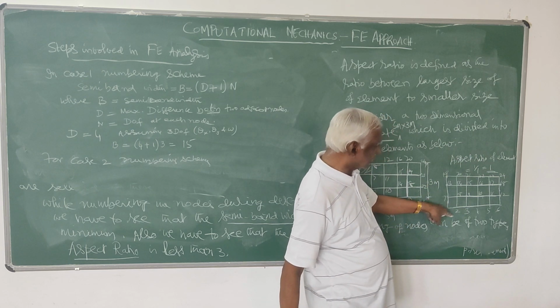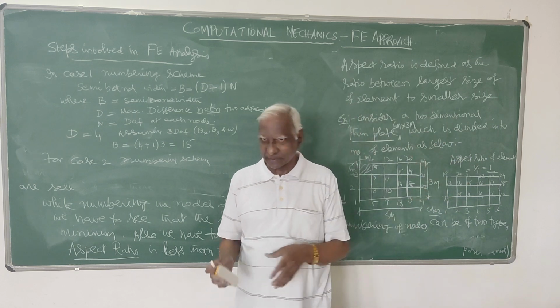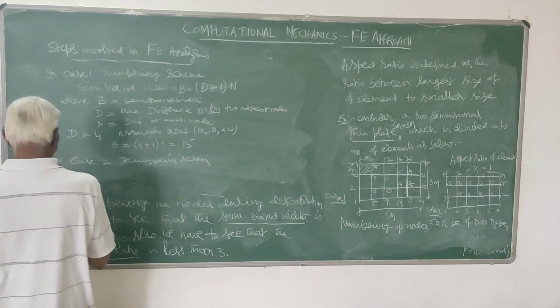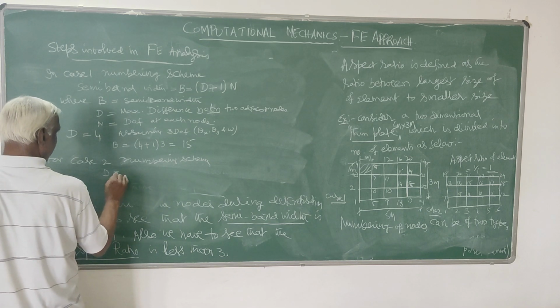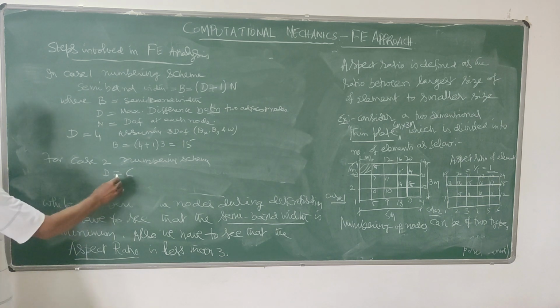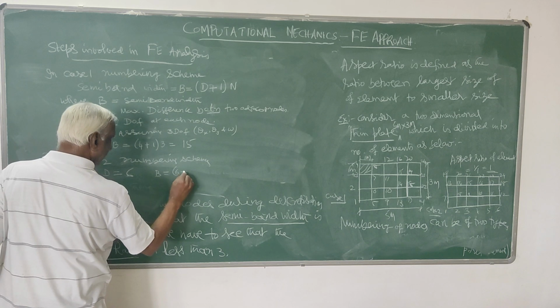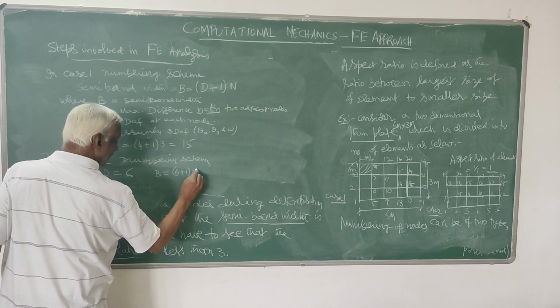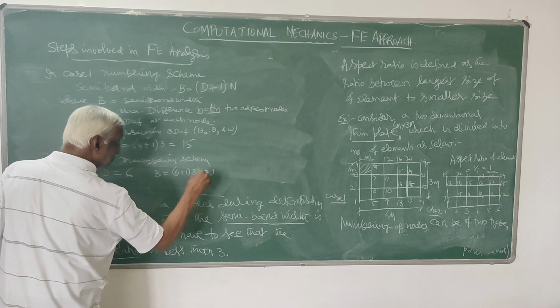Here 6, 6, 6. So for case 2, the maximum difference is 6. Therefore, your B will be (6 plus 1) into 3, that is 21.